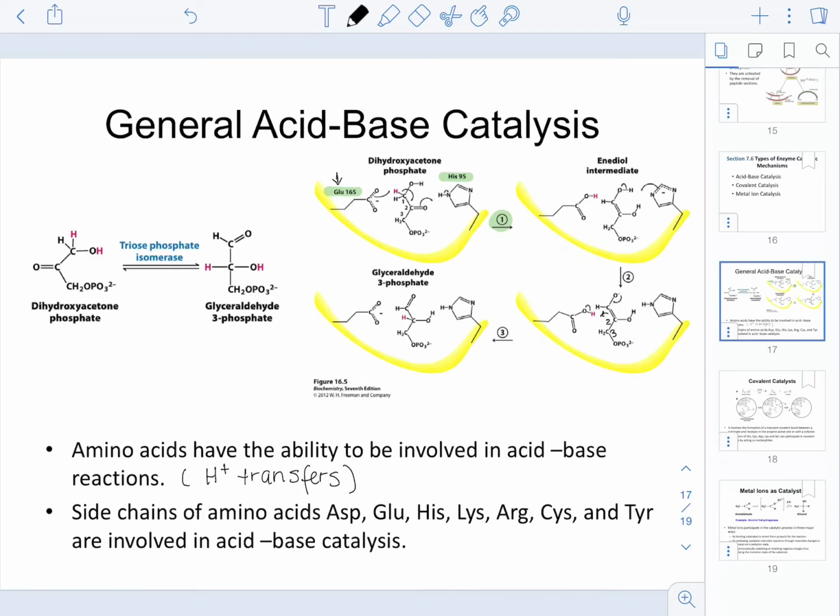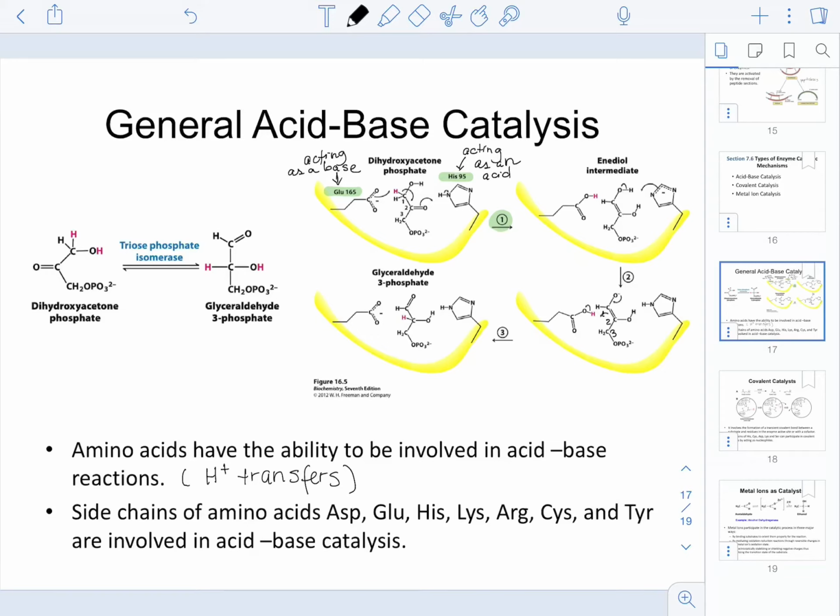So that means that the glutamic acid in this first step is going to be acting as a base. In addition to that, the oxygen atom in our dihydroxyacetone phosphate is going to be receiving a proton from histidine. So that means that in this first step histidine will also be involved, and its role is going to be acting as an acid.